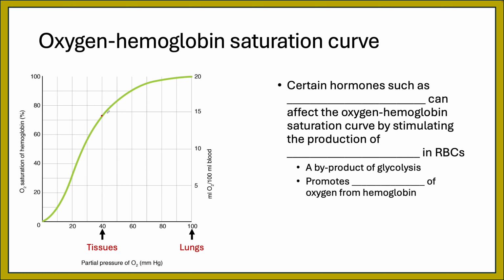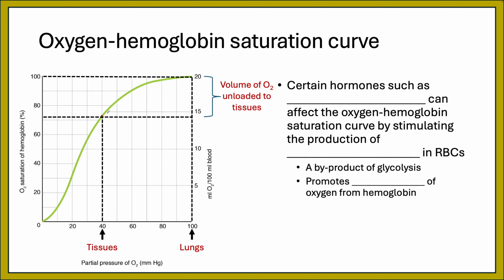In the lungs, it's going to be much closer to 100%. And so what you're really looking at here is the difference between those 2 points. So the volume of O2 that is unloaded is the difference between these 2 concentrations.